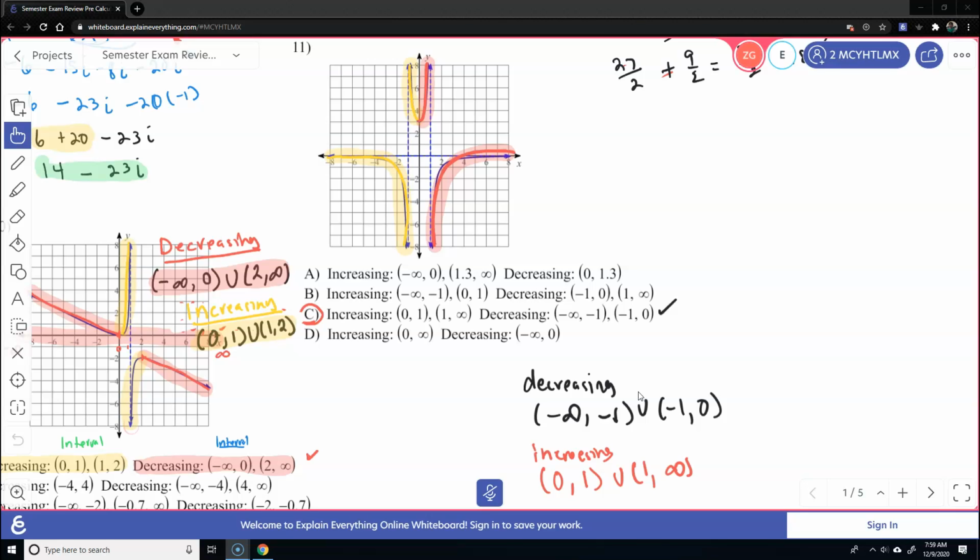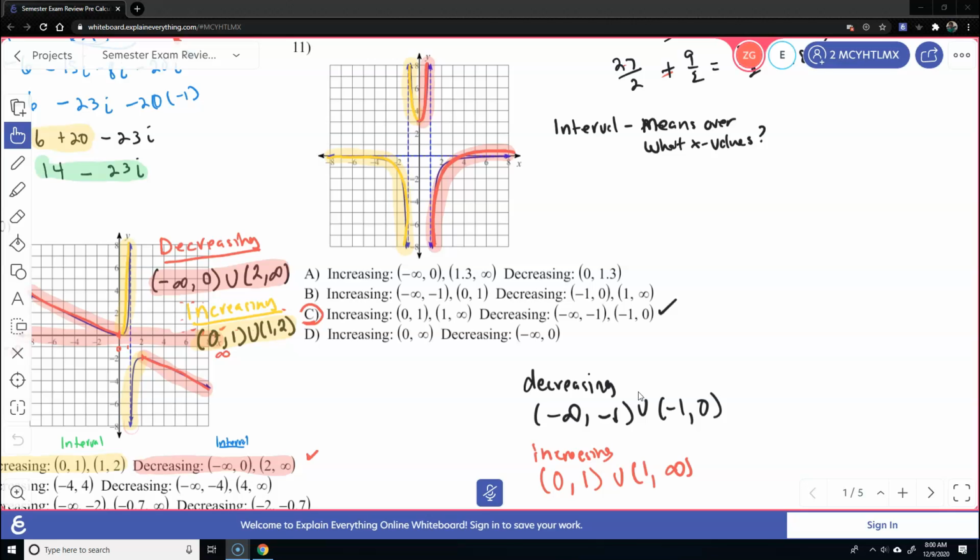Once again, you want to write this down. Interval means the x values over what x values. So when I say you need to find the interval, you need to figure out over what x values it is increasing or decreasing.